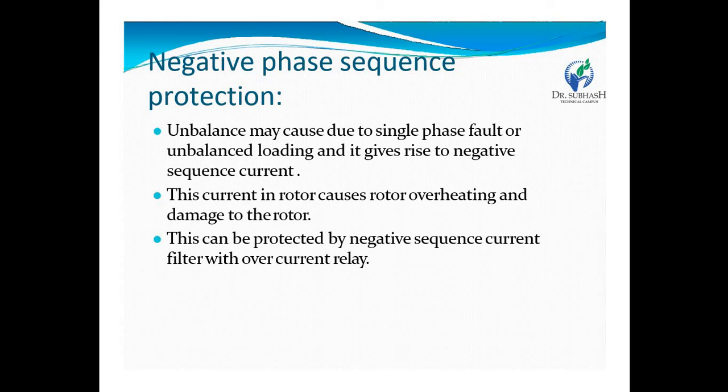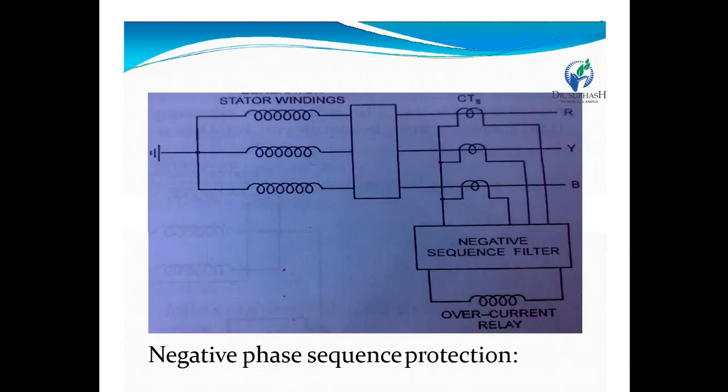This can be protected by a negative sequence current filter with an overcurrent relay. This is the negative sequence filter connected with the overcurrent relay, and it has CTs connected in the stator winding, which is connected with R, Y, B.